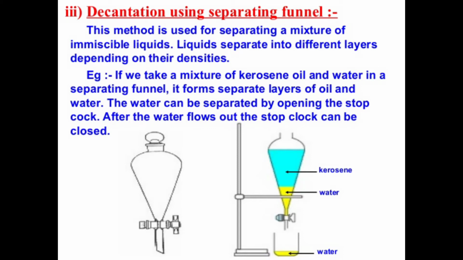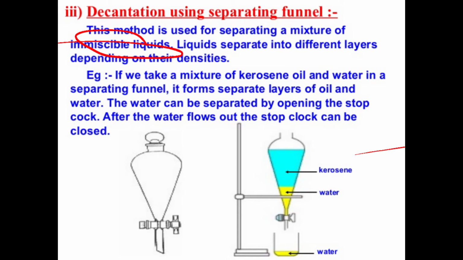Now, decantation using a separating funnel. This is the method used for separating a mixture of immiscible liquids. The liquids separate into two different layers depending upon their densities. Two liquids are said to be immiscible when they do not mix with each other properly.